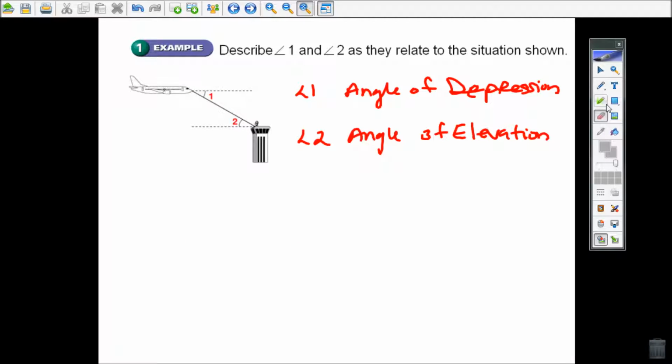What you should notice is they're the same angles, because if you have two horizontal lines, those are going to be parallel because they're both horizontal. Then you have alternate interior angles, so those would be the same.